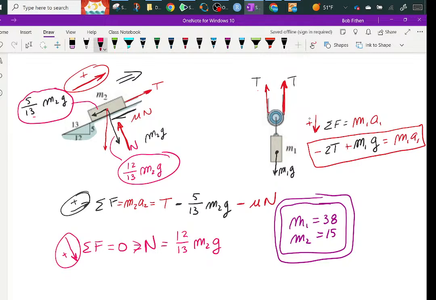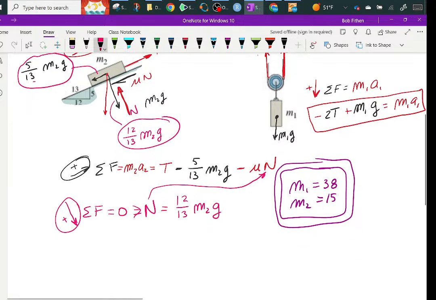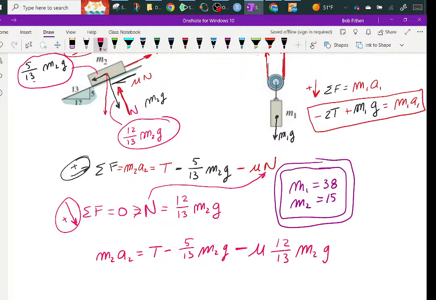Now that I've got that, I'm going to put this in here. And what I'll do is M2A2 equals T minus 5/13 M2G minus mu, this kind of weird, 12/13, I'm taking this, 12/13 M2G.